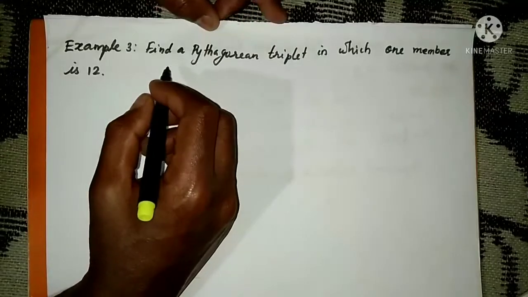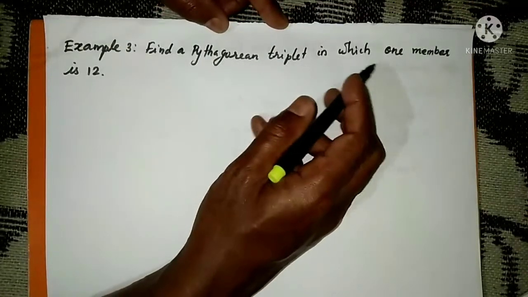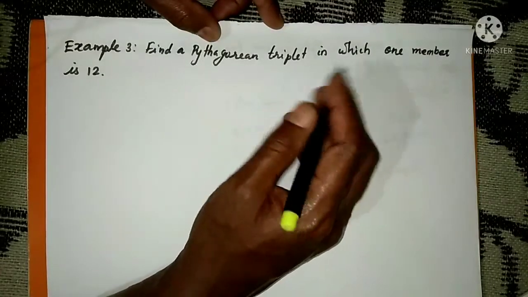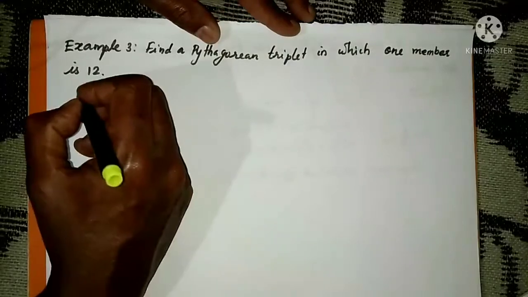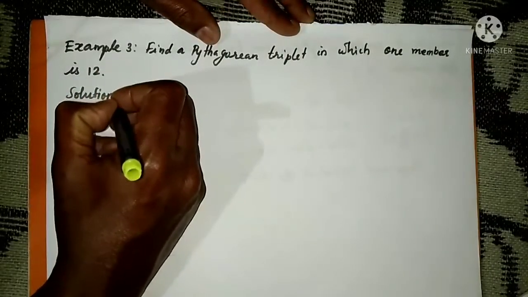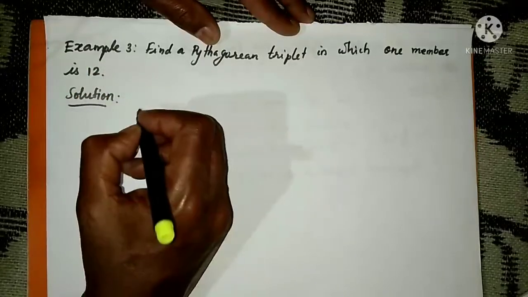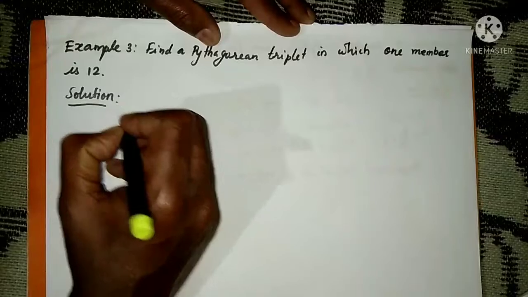Next, let us see example 3. Find a Pythagorean triplet in which one member is 12. Here also in this question, this number is an even number, so we can take that.